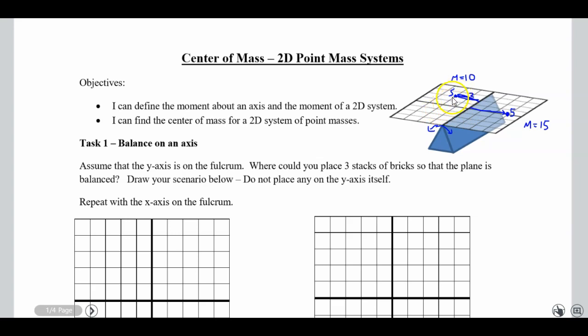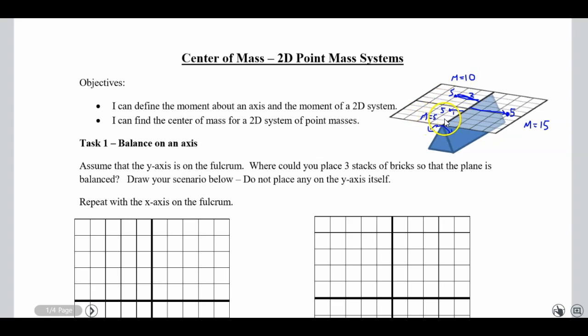So I might put another 5, maybe 1 away. Maybe I'll go, say, here. It doesn't really matter. You could go here, here, here, anywhere, as long as it's just 1 unit away from that axis if the mass is 5. So the moment of this one would be 5. So we got a moment of 10. Moment here is 5.